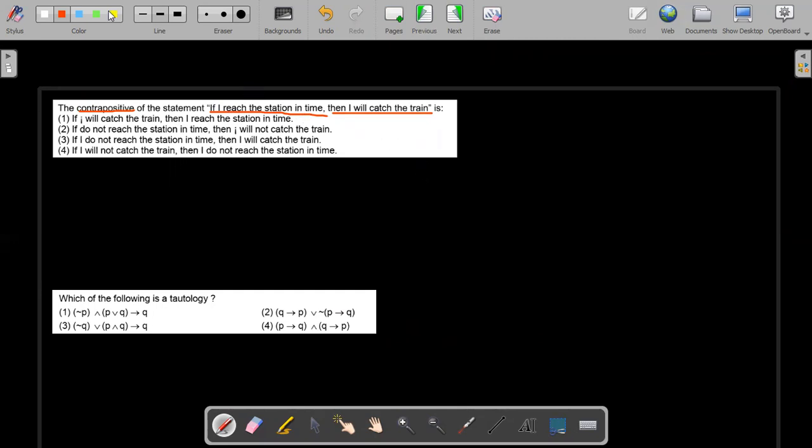Now you have to remember what is contrapositive. So this is P, this is Q. This is an implication statement, P implies Q. The contrapositive is negation of Q implies negation of P.